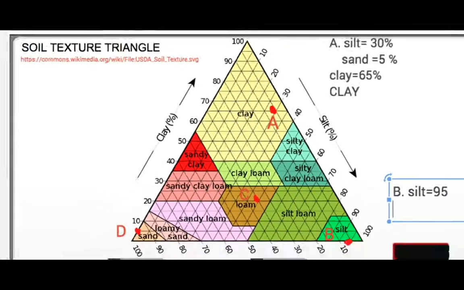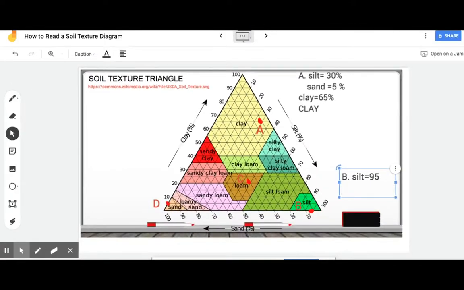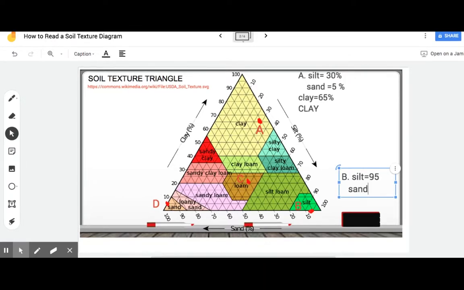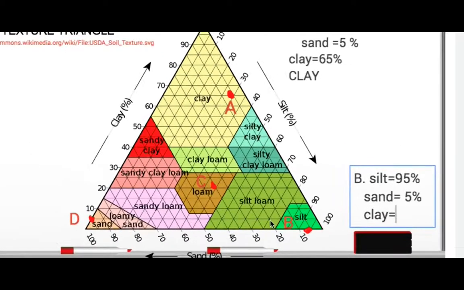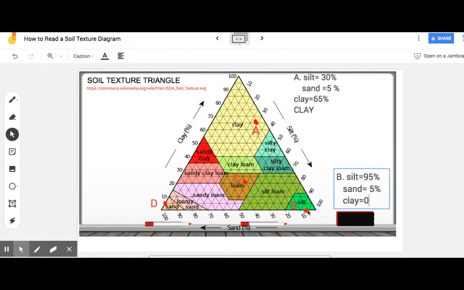Always remember that the sum of the percentages should equal 100%. And for sand, you have 5%. We're going to look at the value of clay. Clay is 0. So we therefore say that this sample is silt.